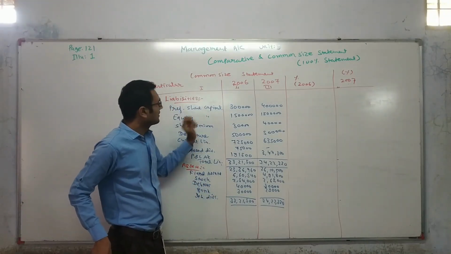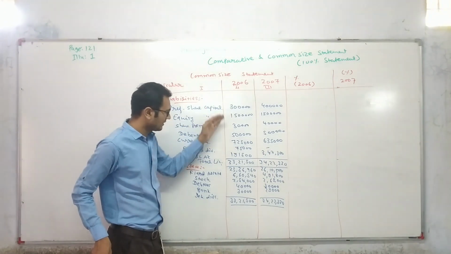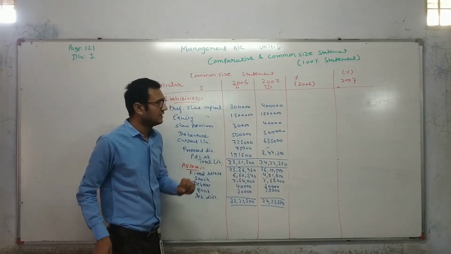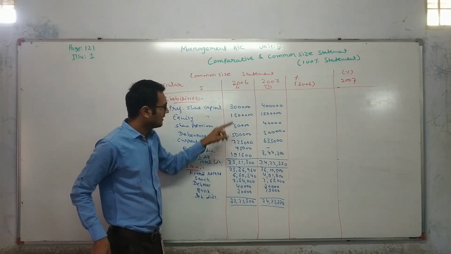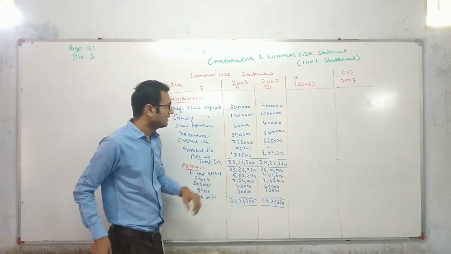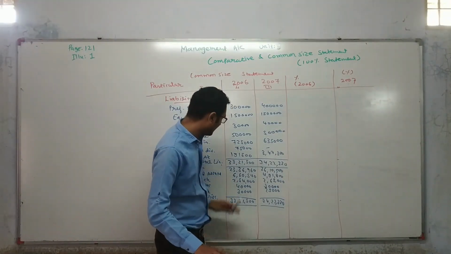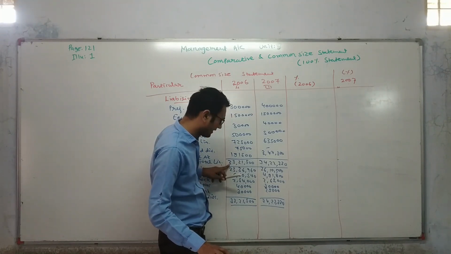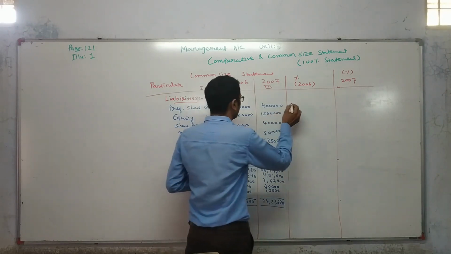Now first is preference share capital 3 lakh rupees for the year 2006. Now total of balance sheet is 33,21,500. So how can you find out this percentage? 3 lakh divided by total 33,21,500 into 100. So 9.03%.